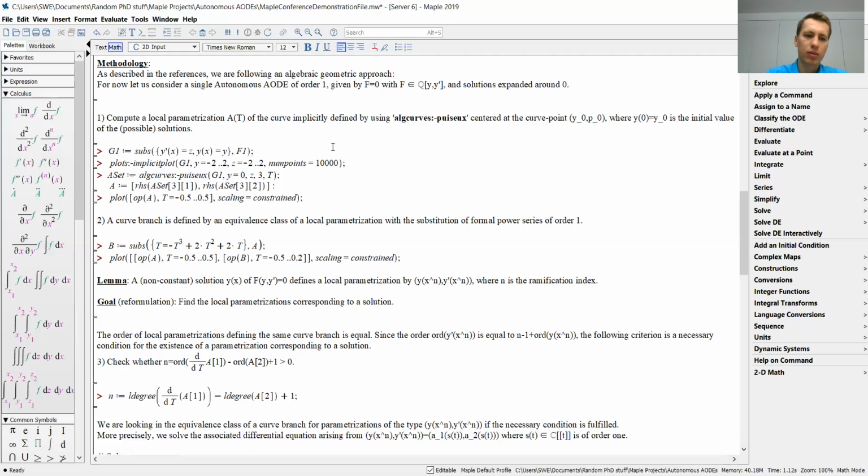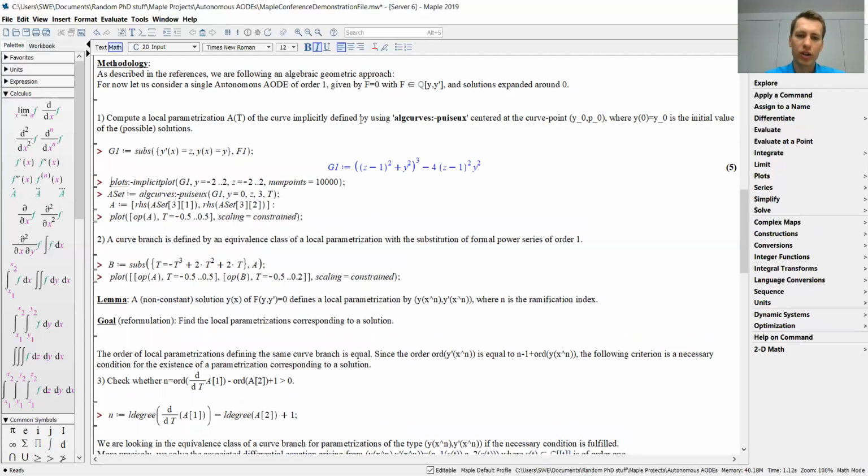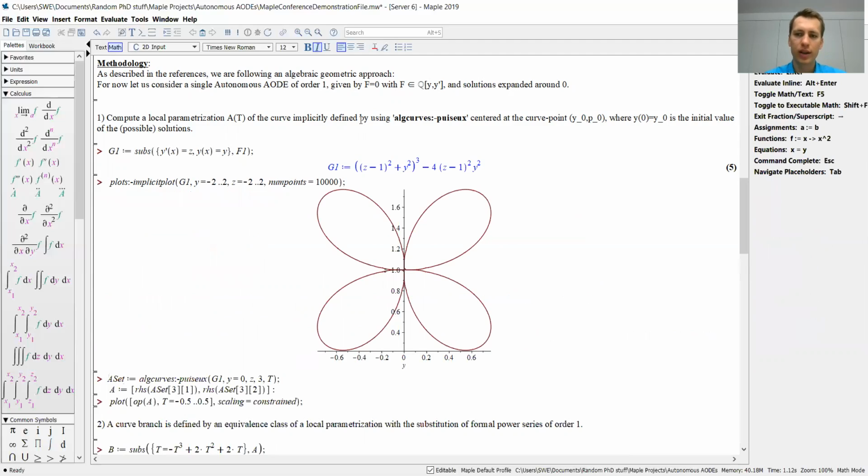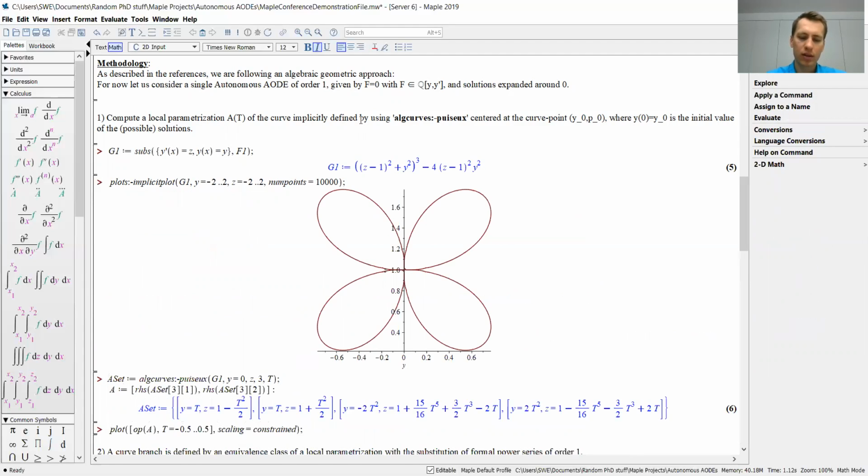For example, if we take the equation from above, we can plot it here so you can get an impression of how the implicitly defined curve looks. Then we can compute the local parametrizations. These are the parametrizations of this point (0, 1).